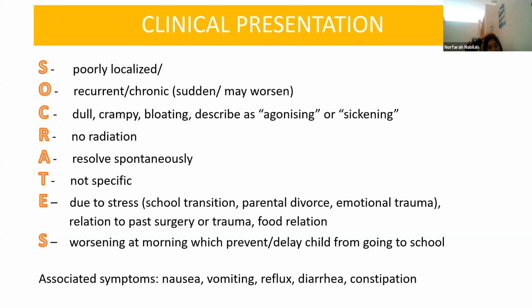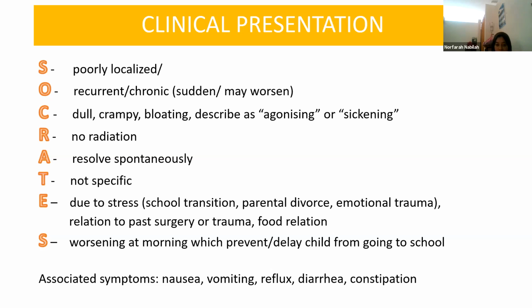So first, site. Usually it is poorly localized, especially in young children, because they often have difficulty localizing and describing the pain. However, older children can often localize pain, even though they may describe it as generalized or changing location.